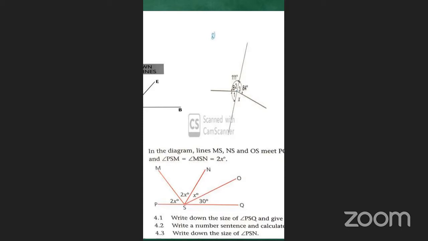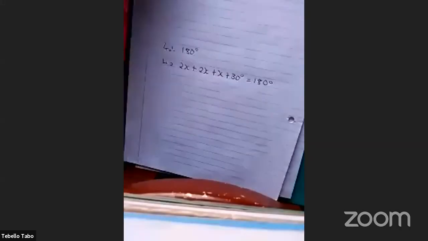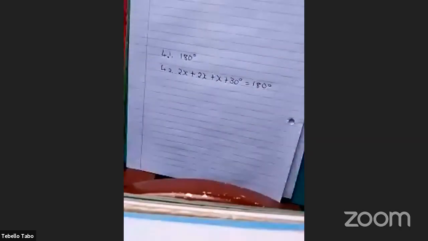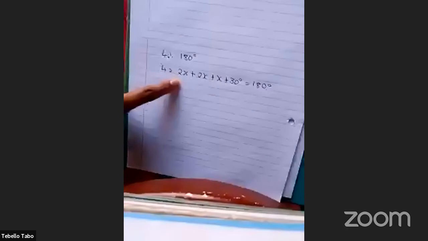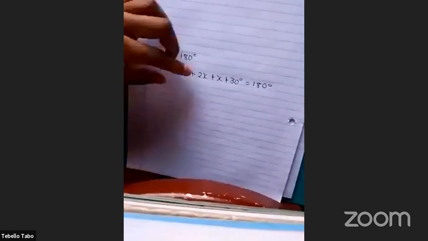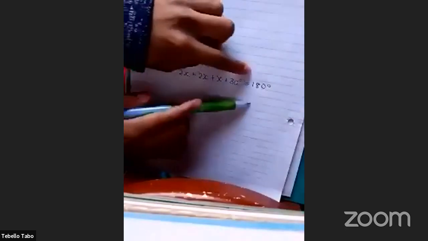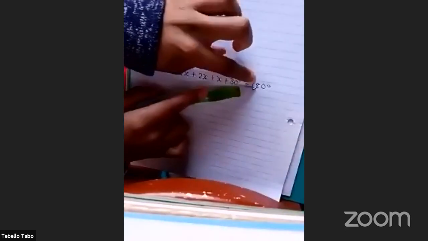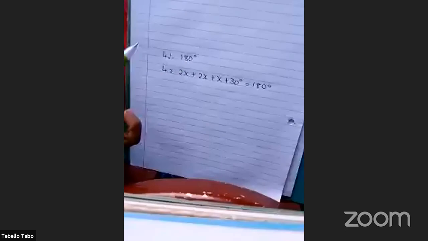Let me share our equation. Guys, can you see the equation, right? For 4.2. Here's the equation for 4.2. So 30 has the same units as 180.